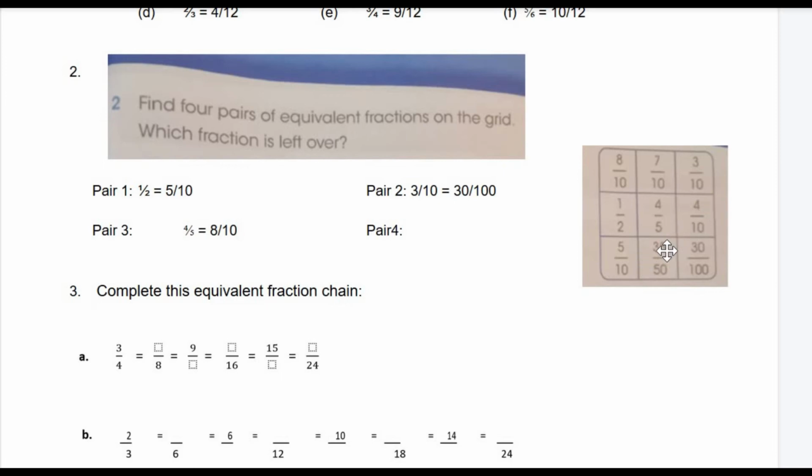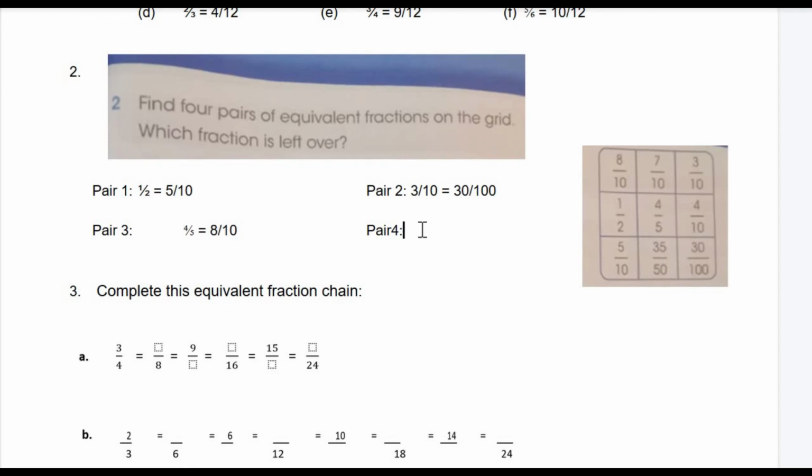But 35 and 7, they are equivalent of each other, yeah? Also 50 and 10, they are equivalent of each other. Let's see, we have 10 here and we have 50 here. If we multiply 10 by 5, we get 50. And if we multiply 7 by 5, we get 35. So these two numbers are equivalent to each other.